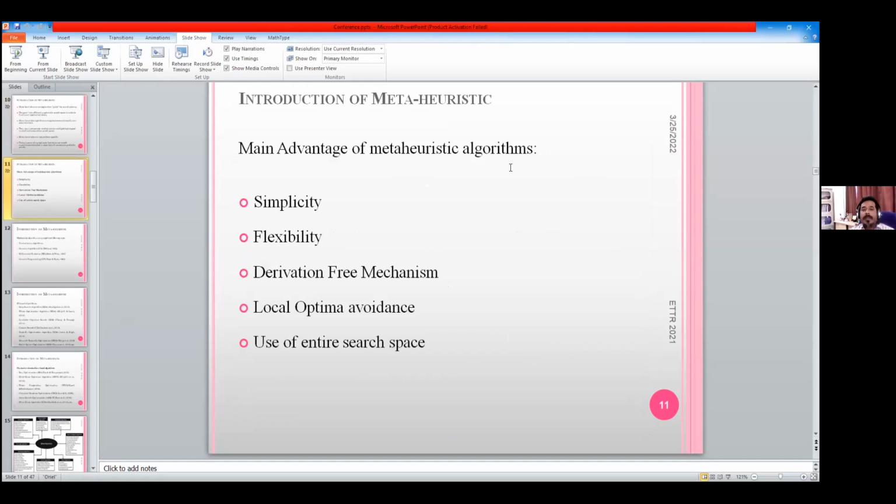These are the main advantages: simplicity, flexibility, derivation-free mechanism, because we don't need derivative information, so even if it is discontinuous, we can do it. Local optima avoidance, the algorithm can avoid local optima. And use of the entire search space. If your exploration is good, then you can use the entire search space for searching in which part your global optima is there.